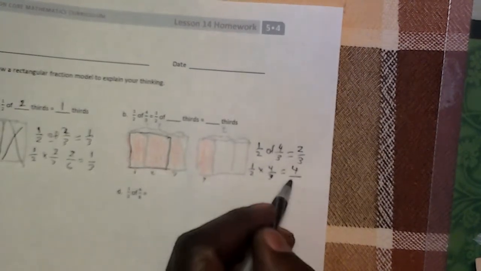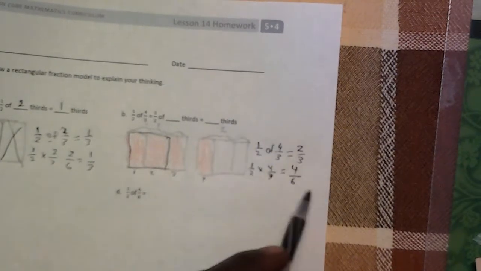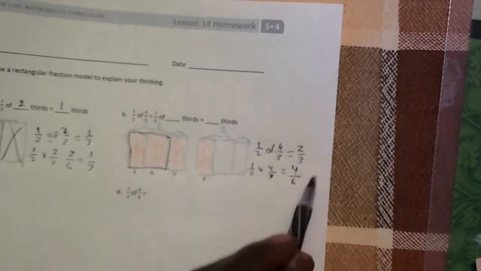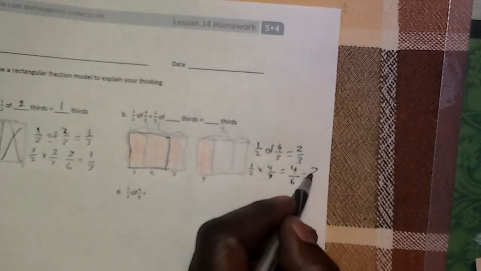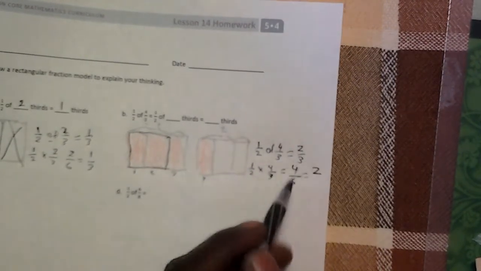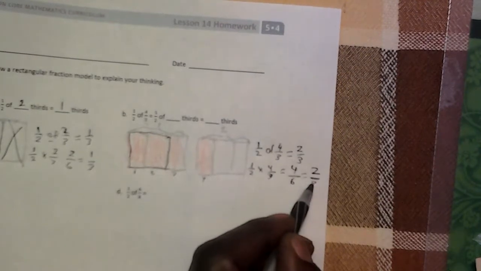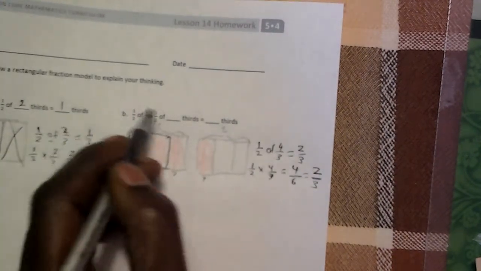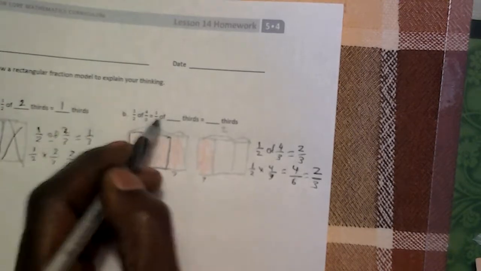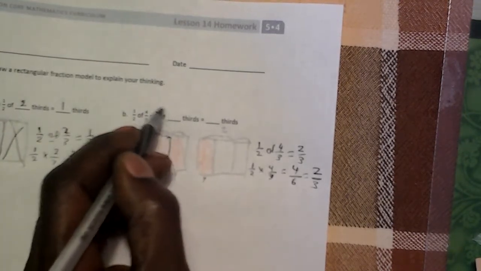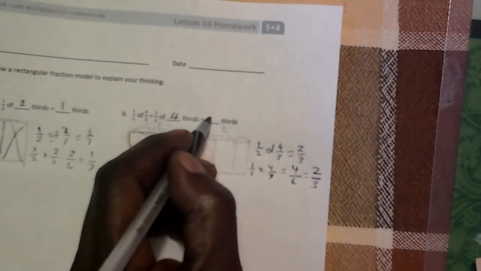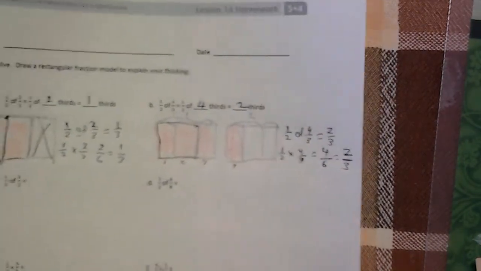Very good. Now we can divide top and bottom by 2. So 4 divided by 2 is 2. 6 divided by 2 is 3. So we know our answer is 1/2 of 4/3 equals 2/3. Very good.